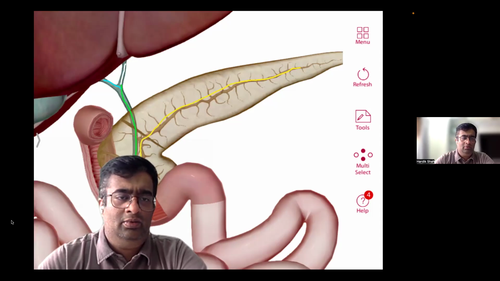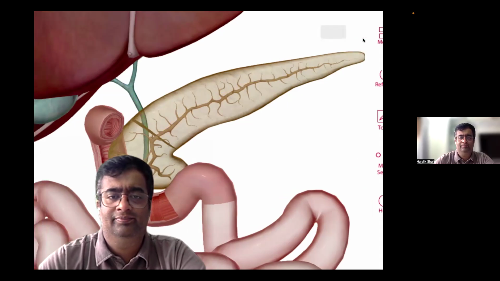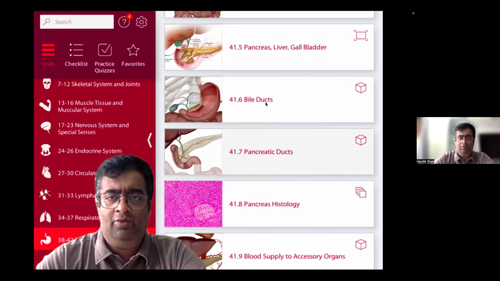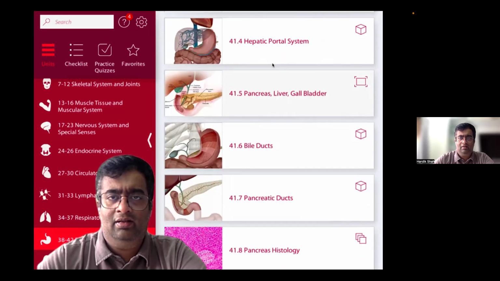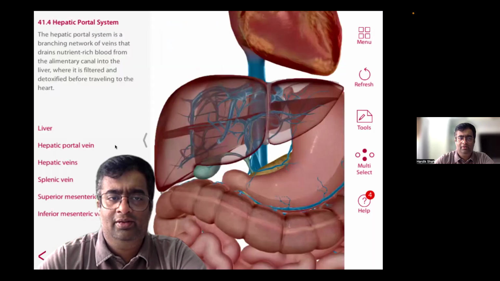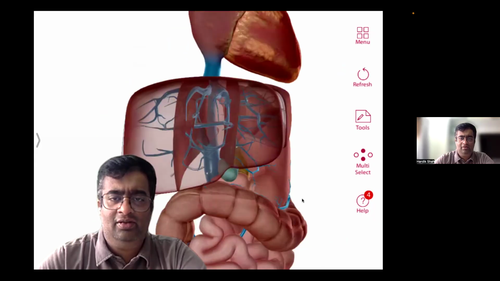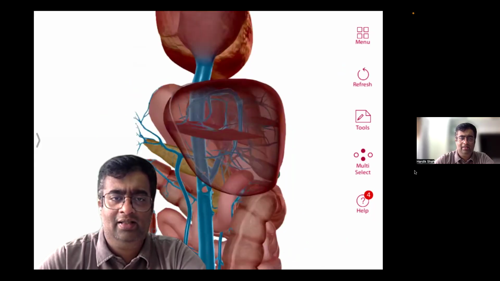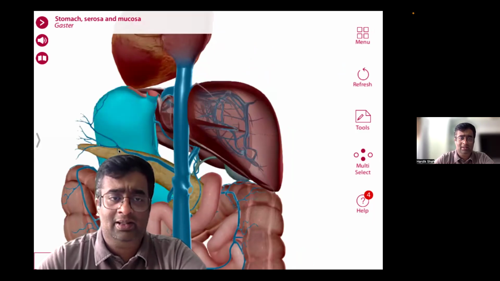Now, let us move on to the location of the pancreas, and then we move on to our next step, that is the small intestine. If you want to see the location of the pancreas, this will be a very ideal image to follow. If I flip over this image, you can clearly see that the pancreas lies behind the stomach.